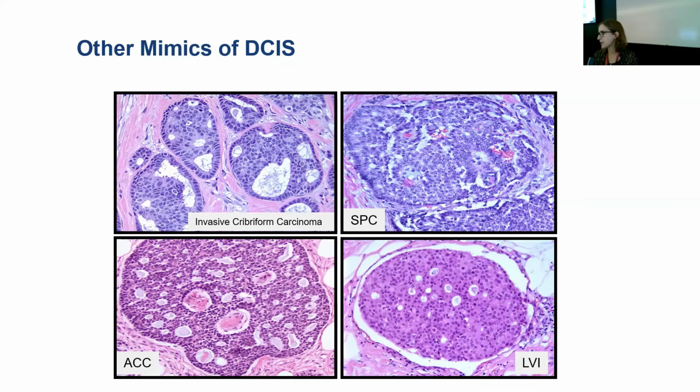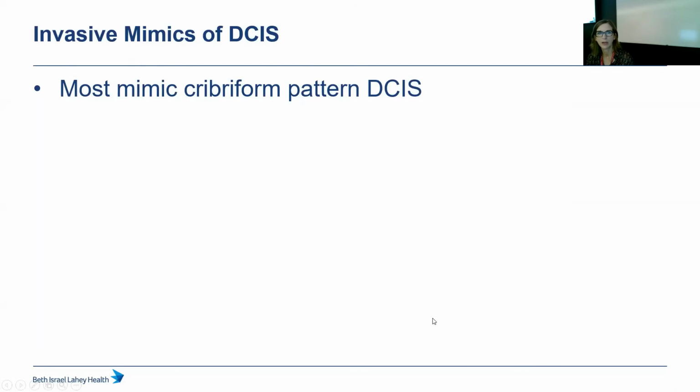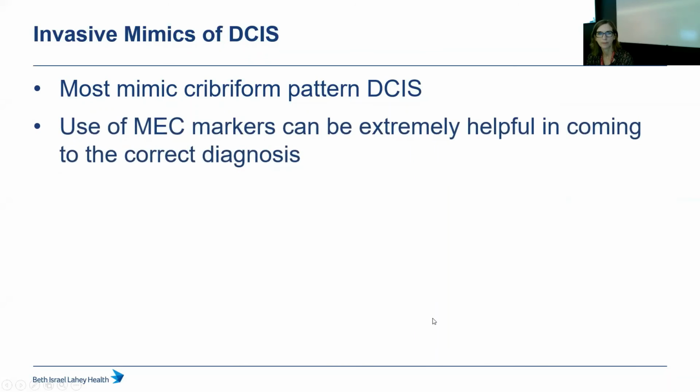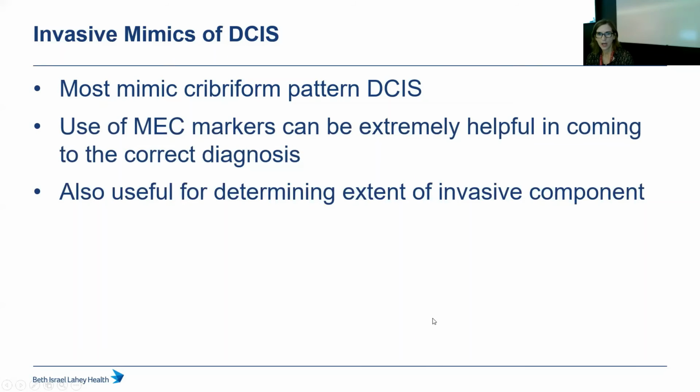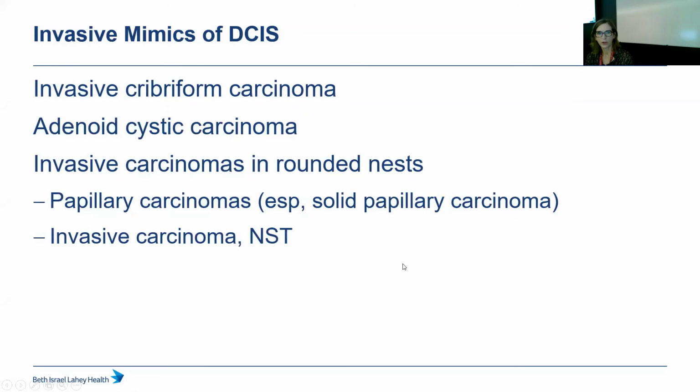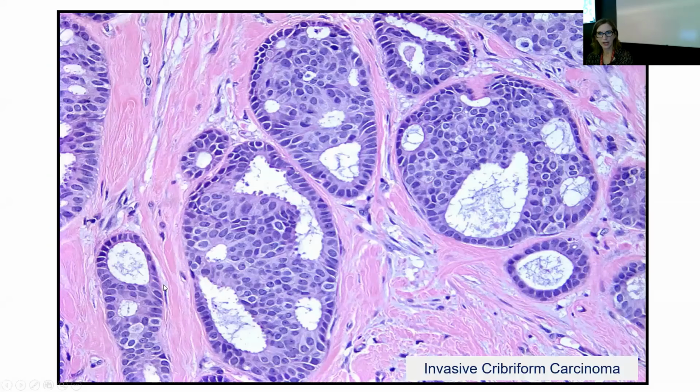But sometimes it can be difficult to decide how much is DCIS, how much is invasion. So immunostains for myoepithelial cell markers can be helpful in this situation. Also helpful deciding on the extent of the invasive component. So that's just to sort of summarize in words the mimics of DCIS.